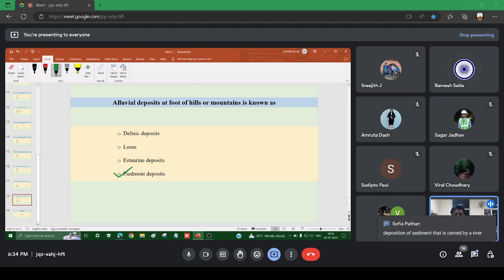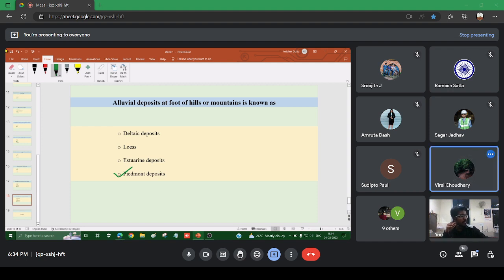So what is deltaic deposit and what is estuarine deposit? I believe everyone knows option B, so I don't need to discuss it. What is loess? Wind-blown silts. Yes, it is formed by the action of wind.